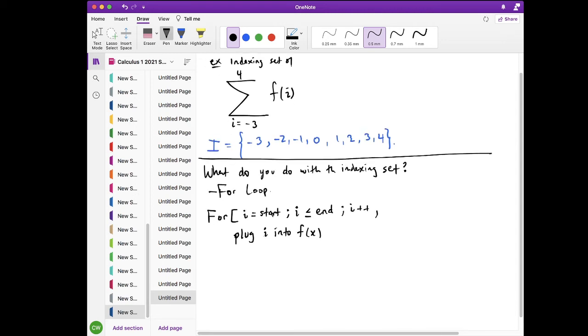So what do you do? You plug i into f of x, and then add it to the set, or take the sum rather, and then take the sum.